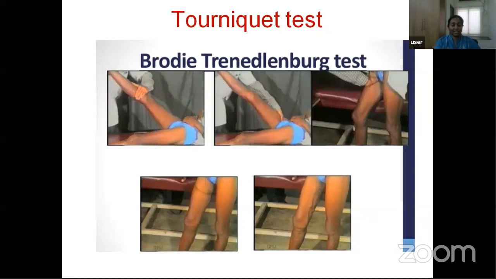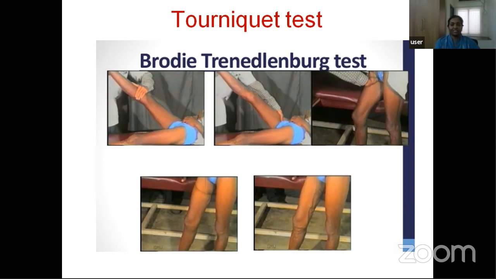So, as I told, there are 2 things through which varicose veins can occur. One is the incompetency of the valves, and the second is a problem within the perforators. Now, to identify whether the problem is within the valves or within the perforators, we have a test, and let's call it the tourniquet test.